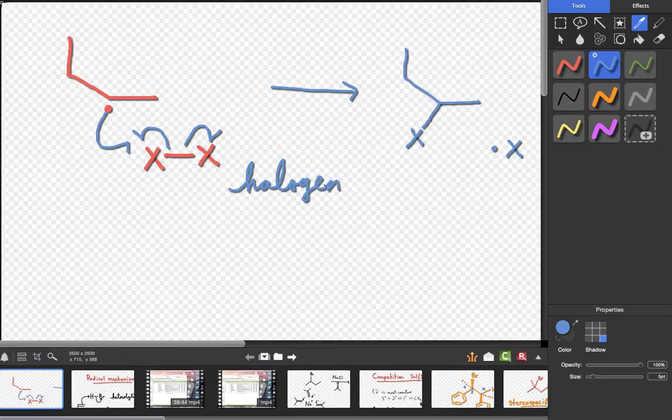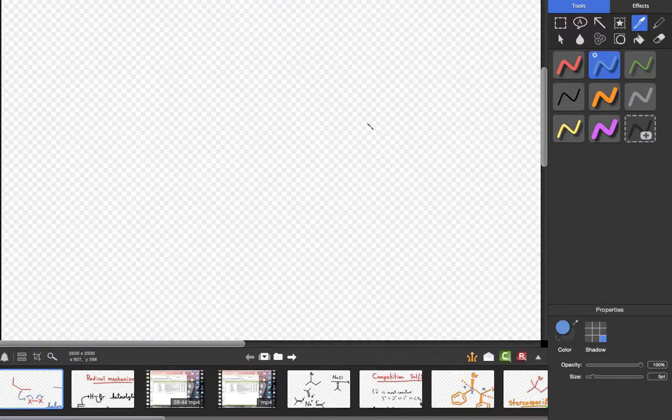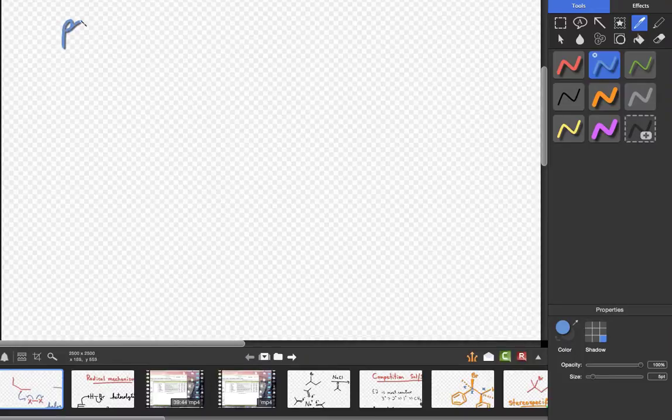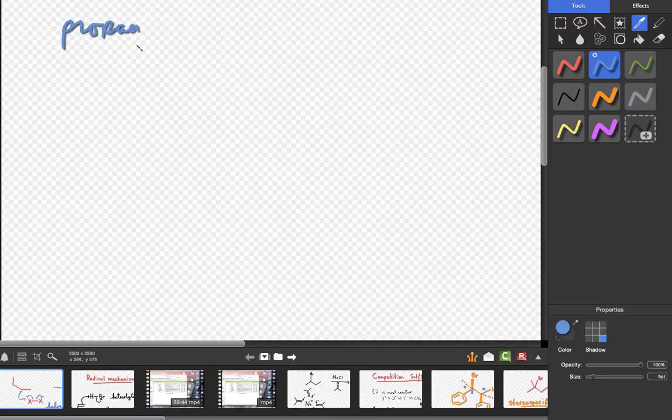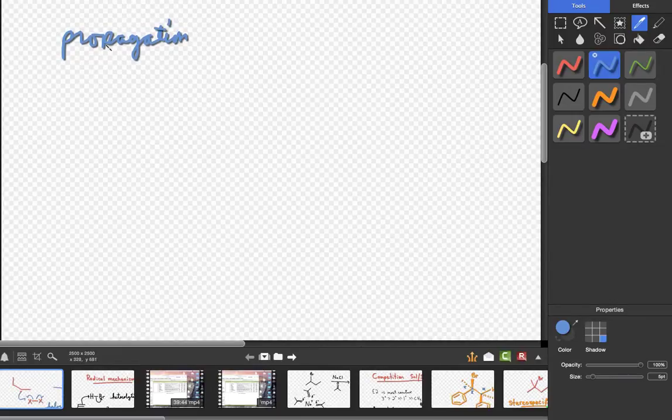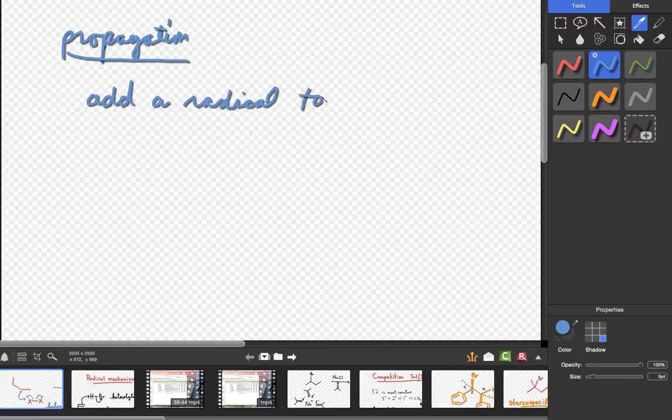Halogen abstraction. Also in propagation, we can add a radical to a pi bond.